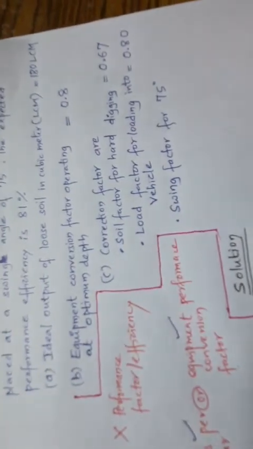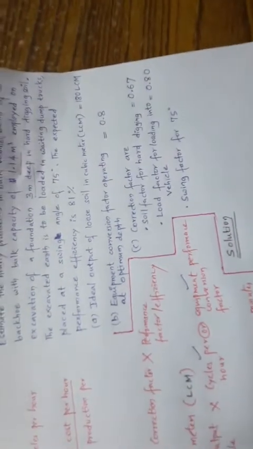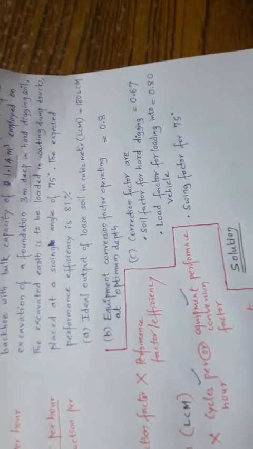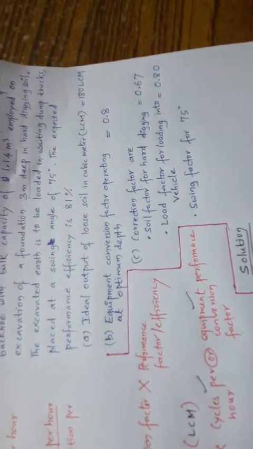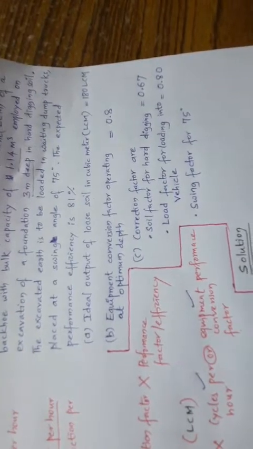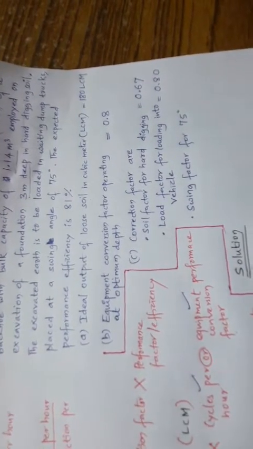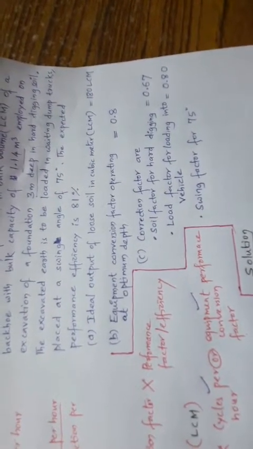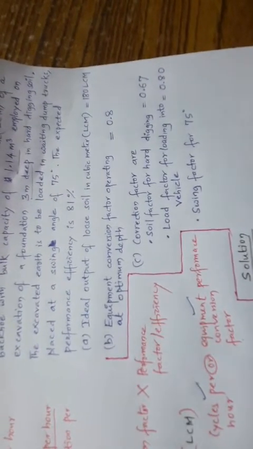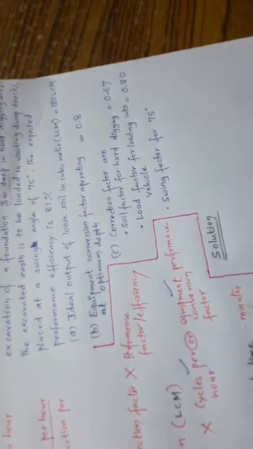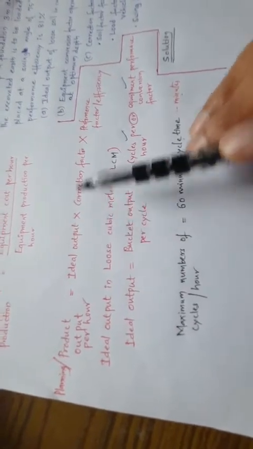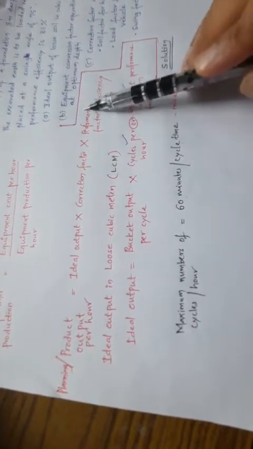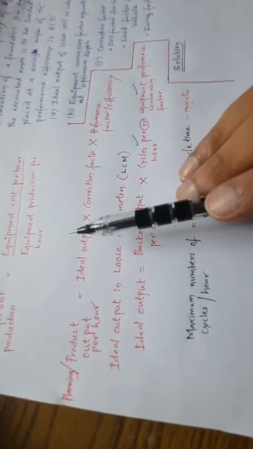So what ultimately you have to calculate here is the expected output per hour. How much LCM they can excavate per hour has to be calculated. For that, as you see in the formula, the output formula is ideal output into correction factor into the performance efficiency factor. First I calculate the ideal output.